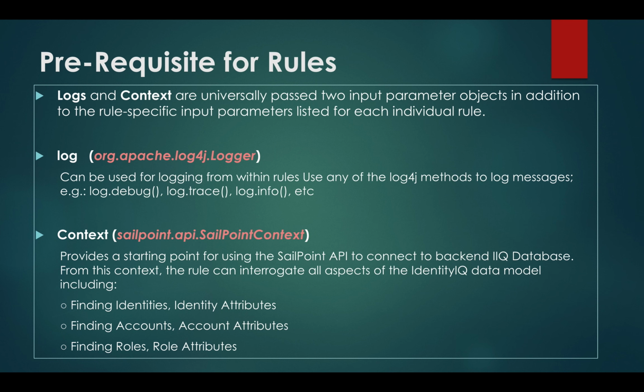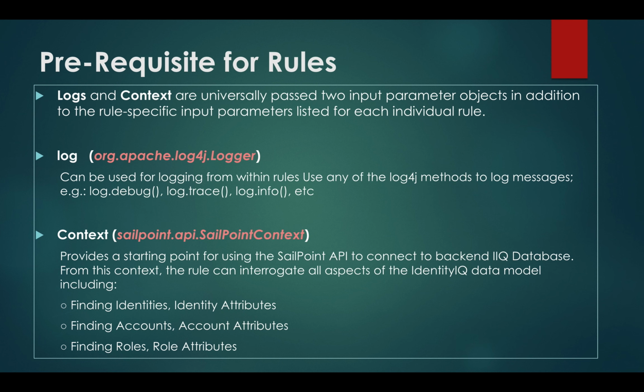It can log messages, and it has different levels such as log.debug, log.trace, log.info, and so on. The log package used in Identity IQ rules is org.apache.log4j.Logger, and you can find all the jar files related to logs inside the Identity IQ WEB-INF lib folder.